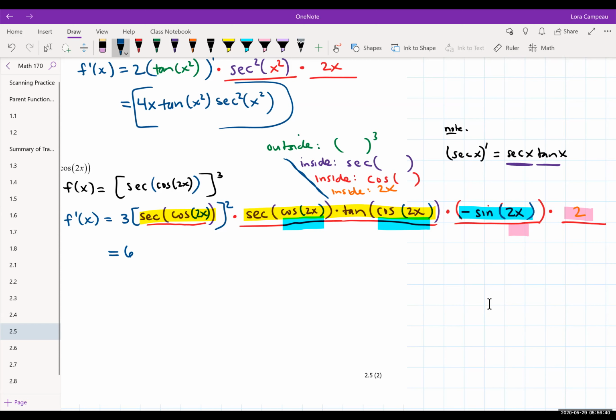I suppose there are some steps I can skip, but sometimes it's beneficial for me to understand that when I see the secant of cosine of 2x taken to a power of 2, maybe it's beneficial to rewrite it in its normal form again. And if that helps us, we could just rewrite everything.